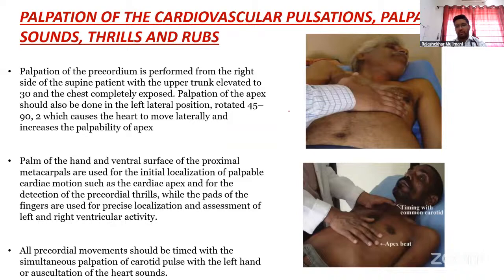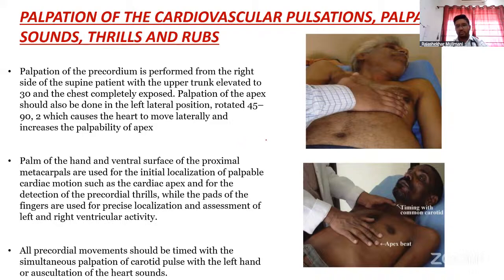For example, if the examiner asks you to demonstrate the apical impulse in your patient, your answer should be, first, I want to expose the patient's precordium, and I want to make him supine with his chest elevated to 30 degrees, wherein I am going to put my fingers along with the ventral surface of my hand, first to initially localize the site.